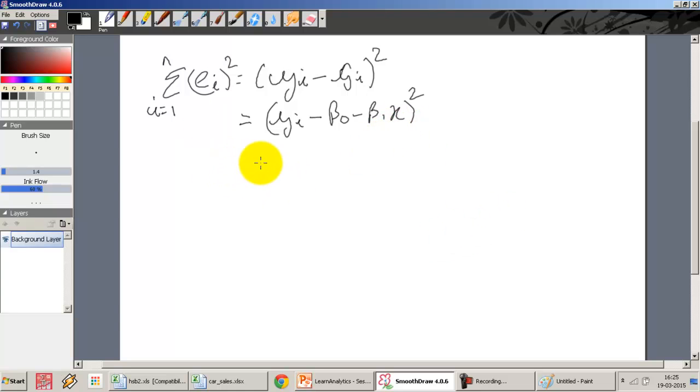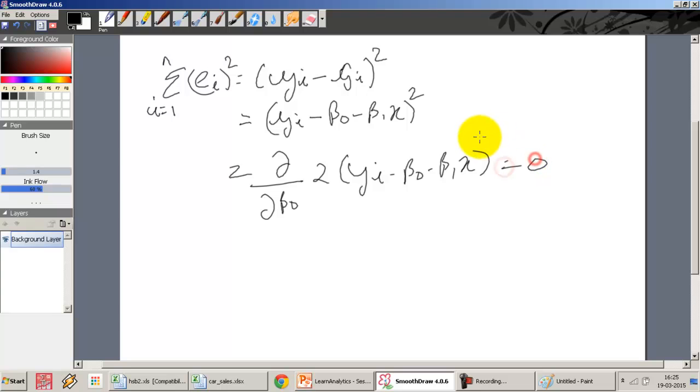Once I will differentiate it with respect to beta naught, so del by del beta naught becomes equal to 2 into yi minus beta naught minus beta 1 x, and this becomes equal to 0. The other time I can differentiate by del beta 1.